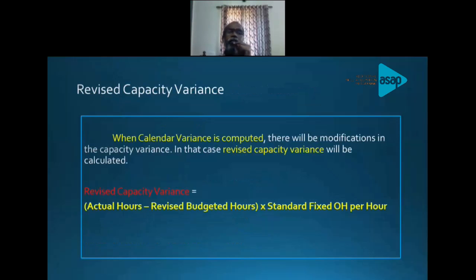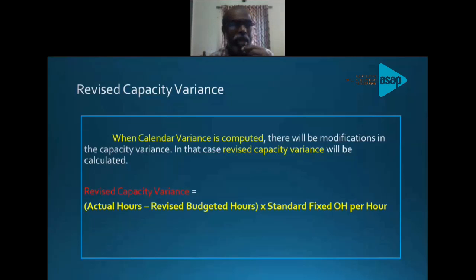Sometimes revised capacity variance may be calculated. When calendar variance is computed, there will be modifications in the capacity variance. We already learned about capacity variance. That capacity variance must be revised when there is calendar variance, which arises when there is a difference between the actual number of working days and budgeted number of working days.